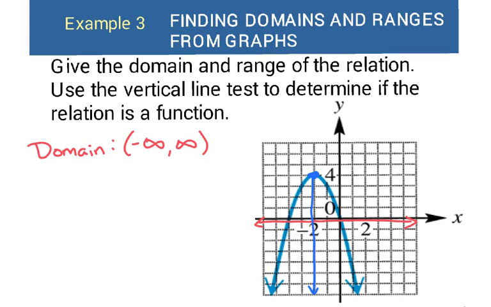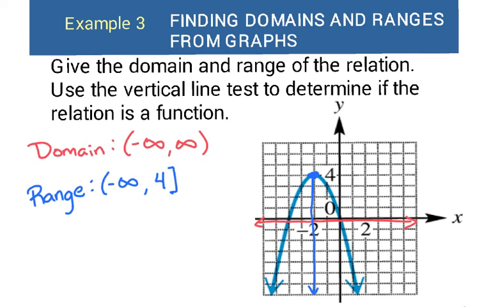So the range for this relation, I haven't determined if it was a function yet, is from -infinity to this point right here, which is -2, 4, and we just need the y value, so we need 4, and it is included.